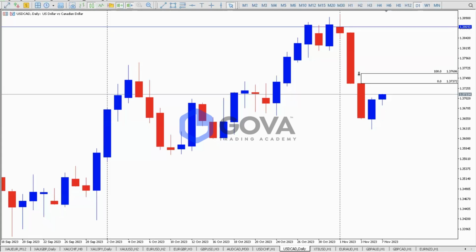Remember, we have different types of location. First of all, our zone, our proximal line and distal line, is sitting in the right location of the candle. That is location 1. Location number 2, what about the candle itself? The candle itself is not sitting in a proper supply area.